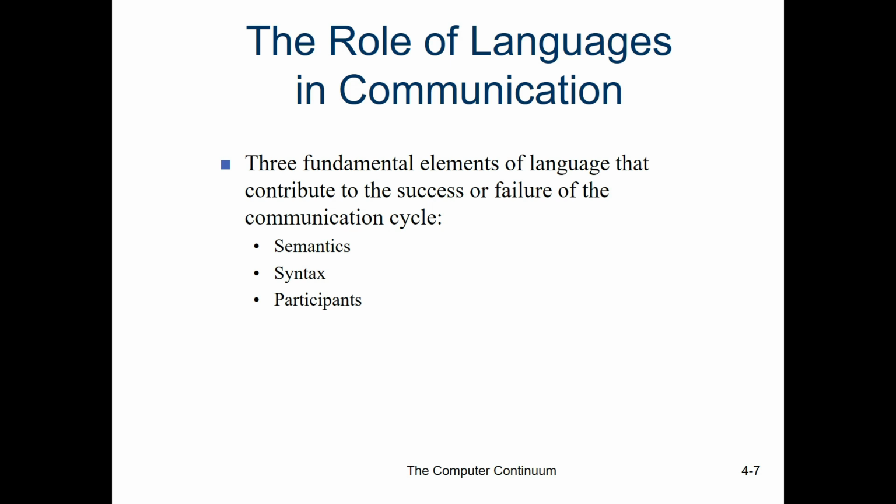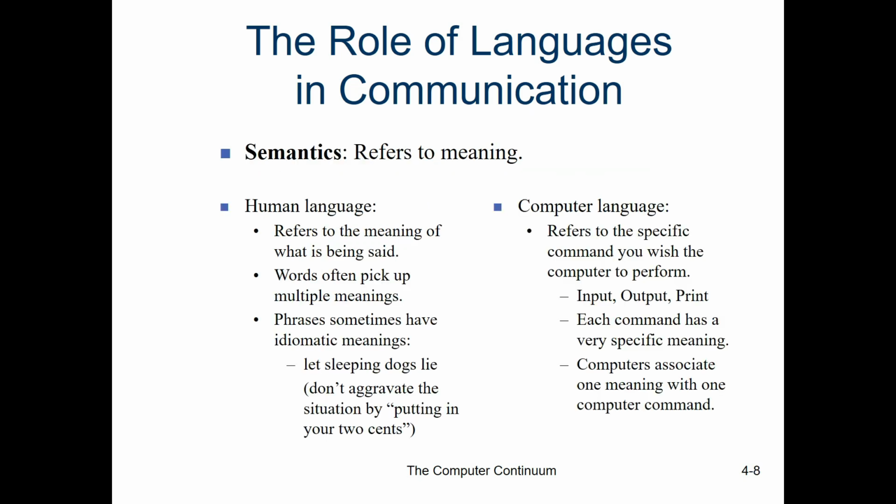In order to communicate, the semantics, syntax, and participants should all be okay at the same time. Now, you might be asking, what is semantic? That's a kind of heavy word. Semantic refers to just meaning.